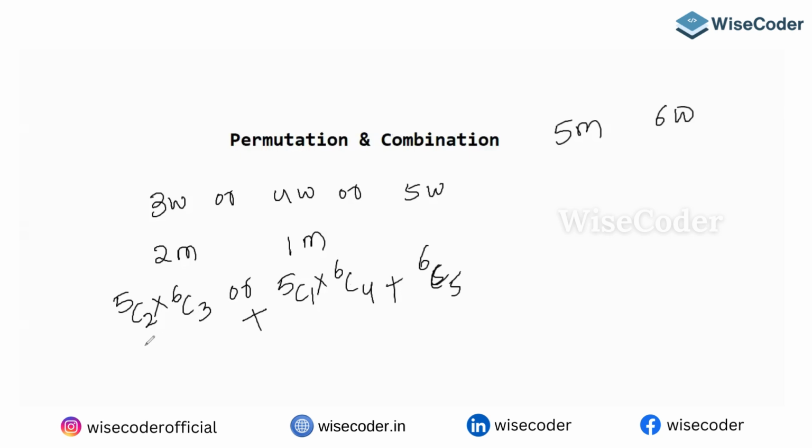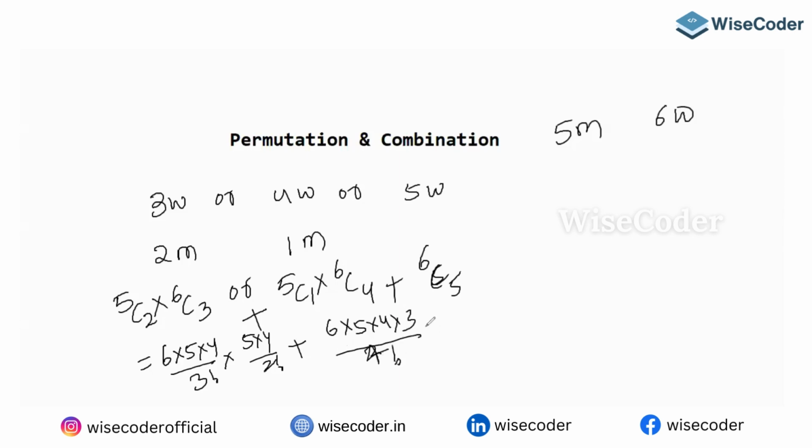If you calculate this, you are going to get 6 into 5 into 4 by 3 factorial into 5 into 4 by 2 factorial plus 6 into 5 into 4 into 3 by 4 factorial into 5 by 1 factorial plus 6 into 5 into 4 into 3 into 2 by 5 factorial.